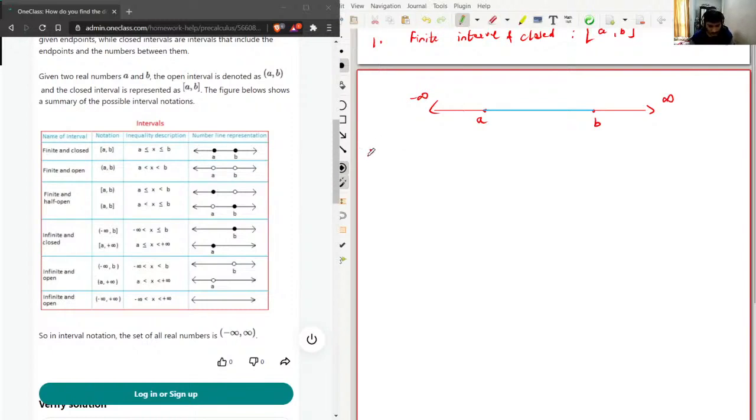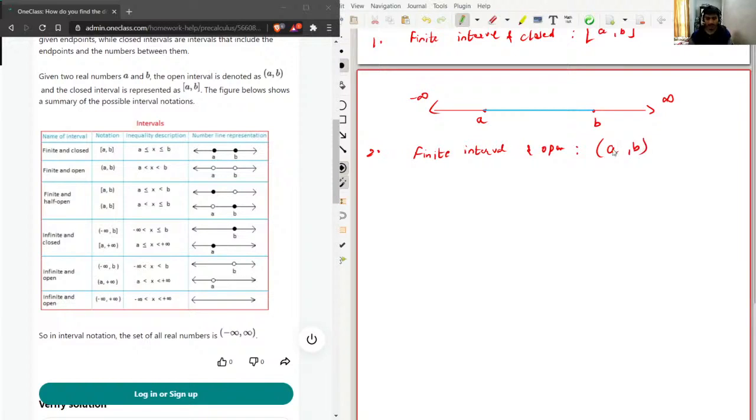The second one is a finite open interval. For the case of an open interval, we write normal brackets.